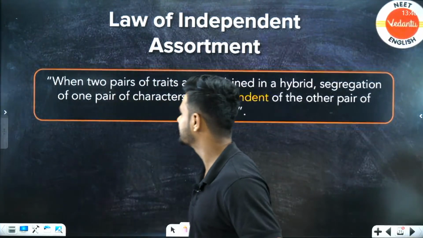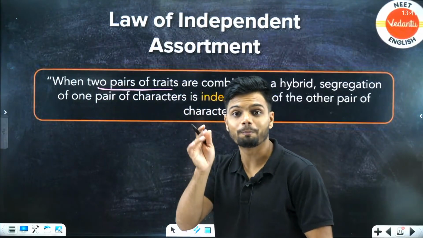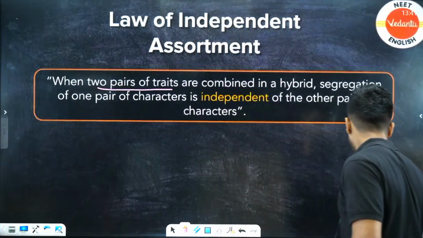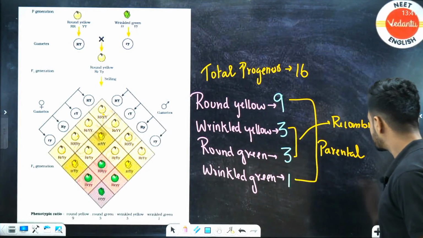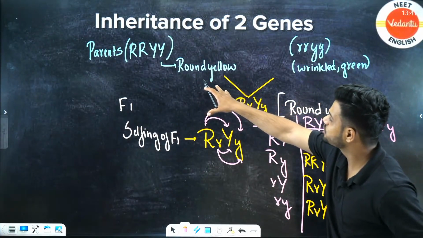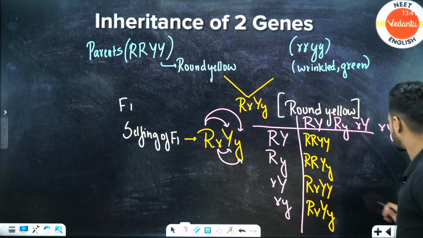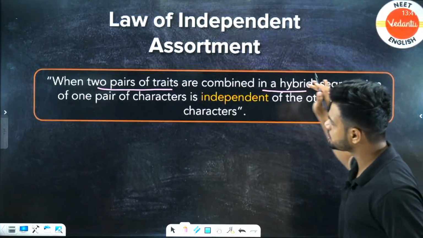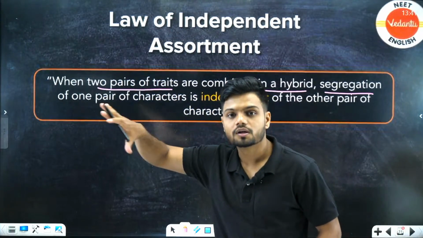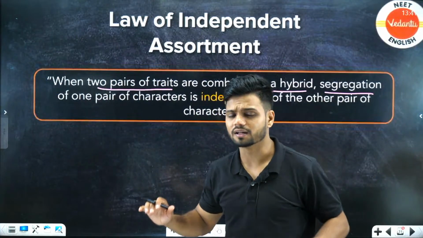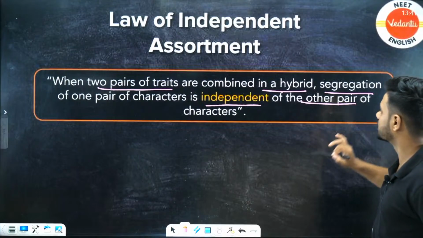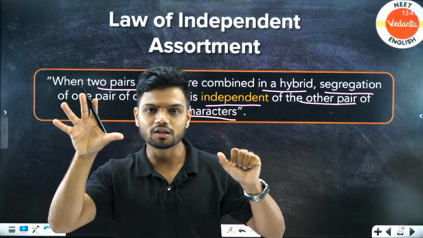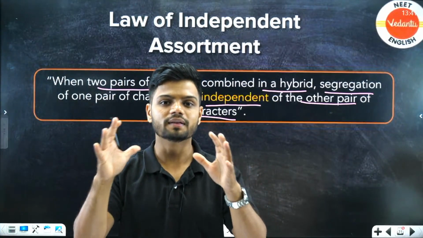The law of independent assortment says that when two pairs of contrasting traits are combined, here we had seed shape and seed color, round and yellow, when a pair of contrasting traits are combined in a hybrid, segregation of one pair of characters, segregation of the shape of the seed, segregation of the color of the seed, is independent of the other pair of characters. The color of the seed and the shape of the seed do not mix with each other.